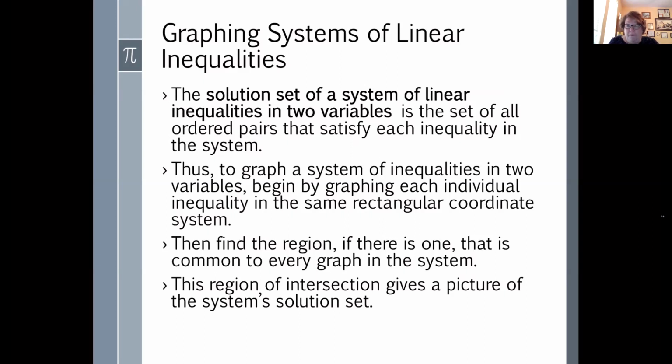Thus, to graph a system of inequalities in two variables, begin by graphing each individual inequality in the same rectangular coordinate plane. So you're going to graph all your lines in the same coordinate plane. Then find the region, if there is one, that's common to every graph in the system. This region of intersection gives a picture of the system solution set.